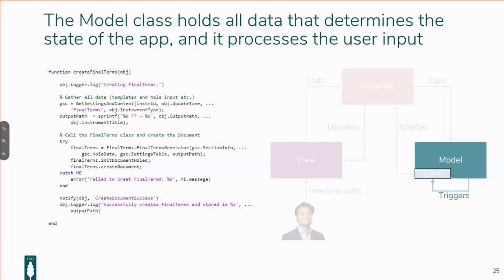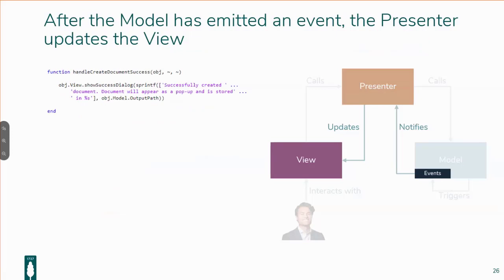And once it's done, it will emit a signal, or an event, to the presenter, and the presenter will make sure to update the view and give the user the feedback that the process of creating, for example, a final terms has been either successful or has not been successful.